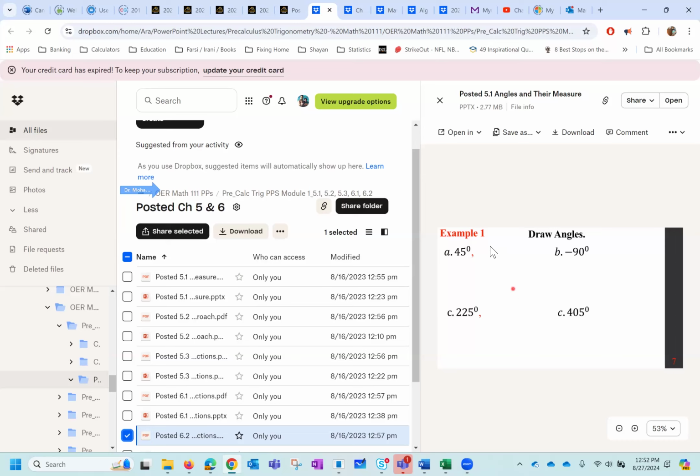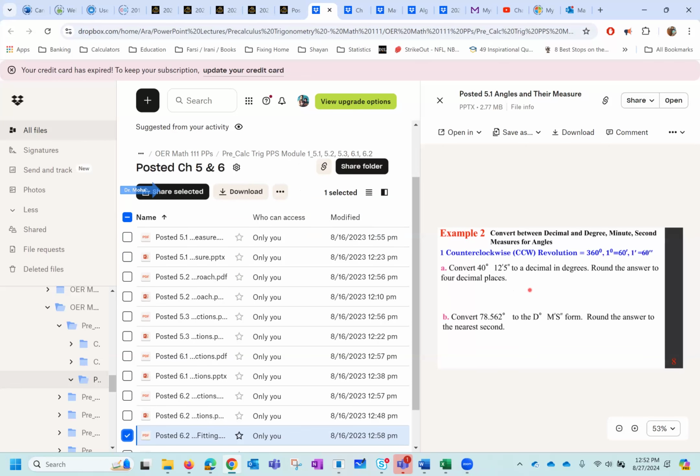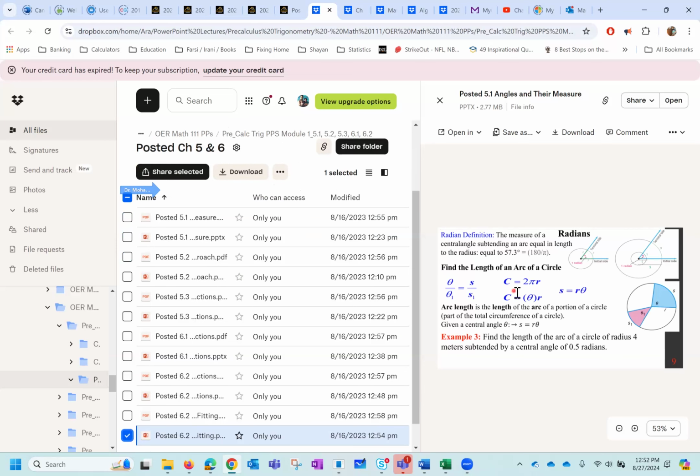Here's example 1. As you can see, you have the question and you don't see a solution. If you look at example 2, the same thing, you see the questions, not the solution. So the solutions we go over in class. Okay.